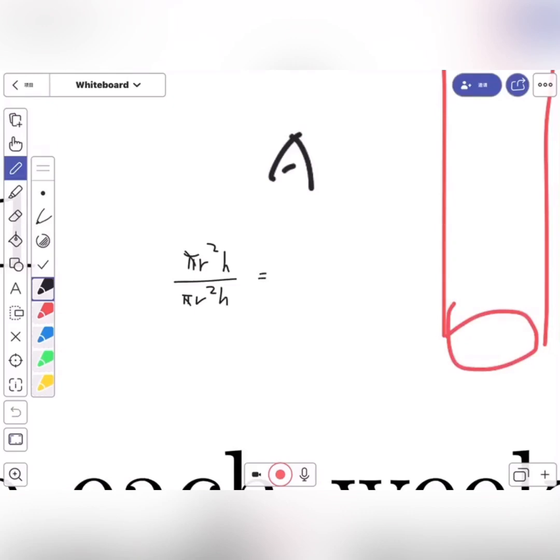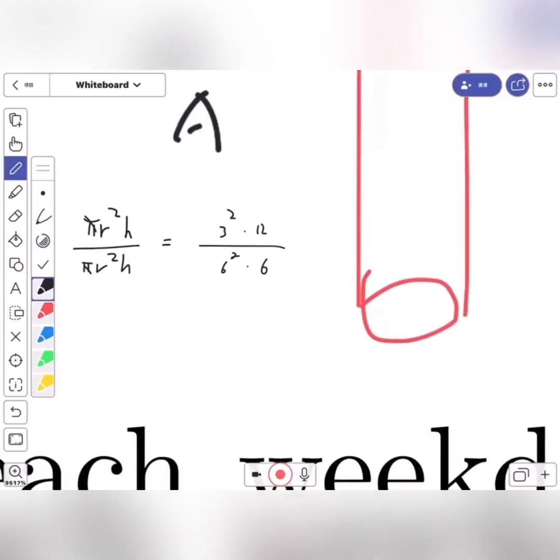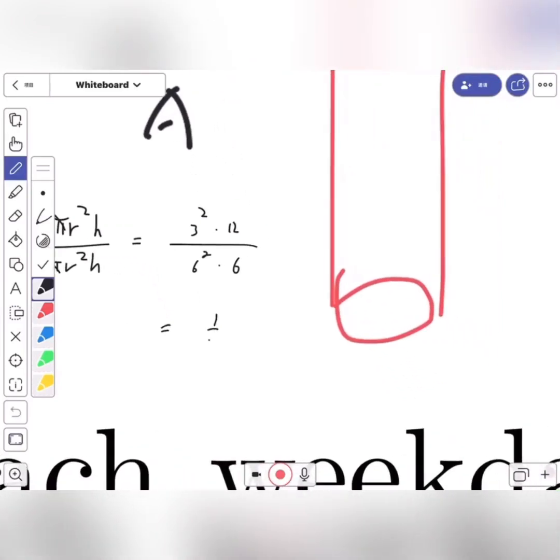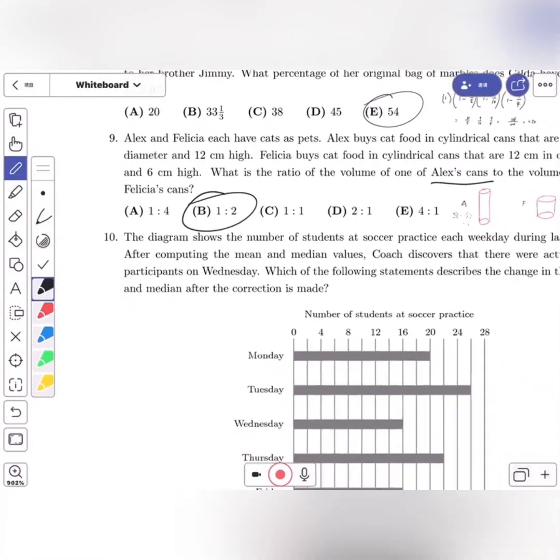And for Alex, we have radius to be 3 and height 12. And for Felicia, we have 6 as radius and 6 as height. And we simplify this fraction, we're gonna get 1/2. So this corresponds to our answer choice B, 1 to 2.